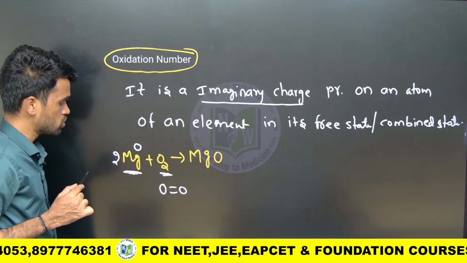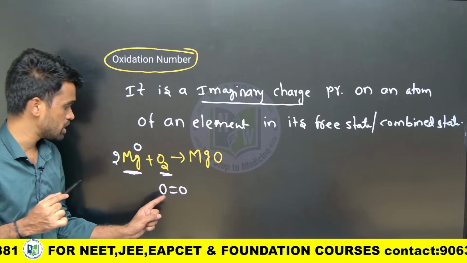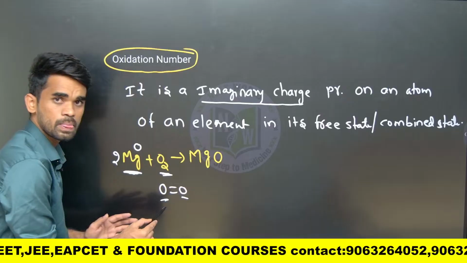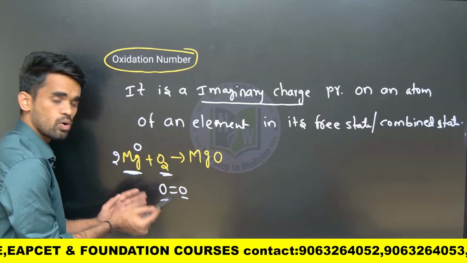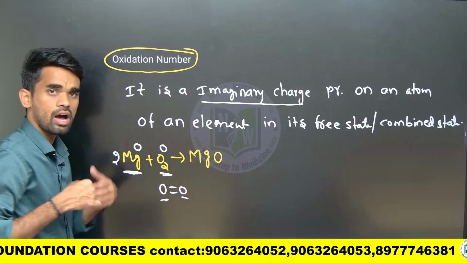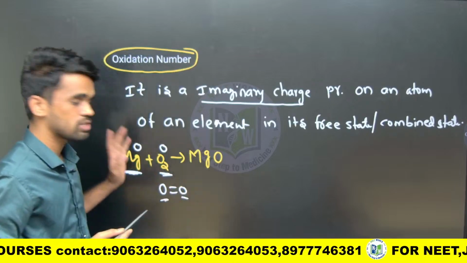Both are the same element, oxygen, so there is no electronegativity difference between oxygen and oxygen, right? So the overall net charge will be 0. If an element combines with itself, the charge is also 0.